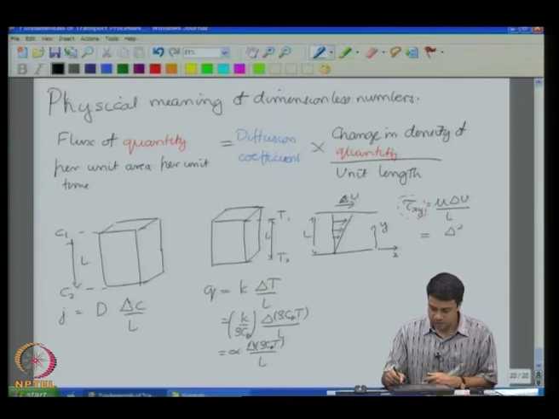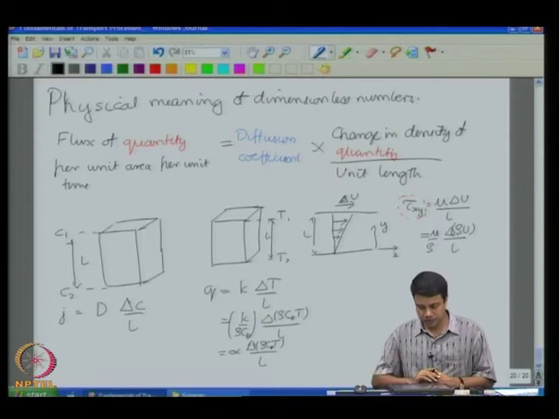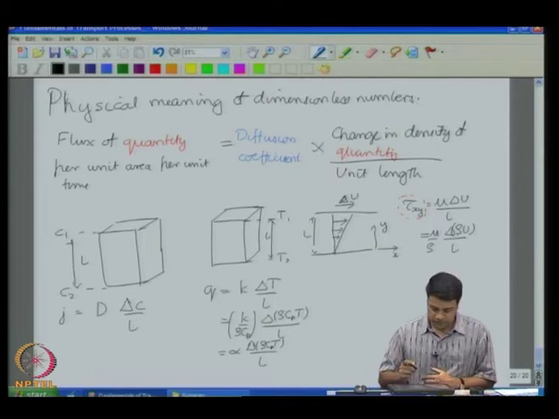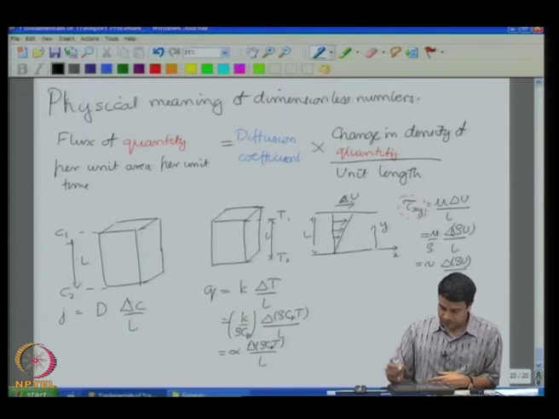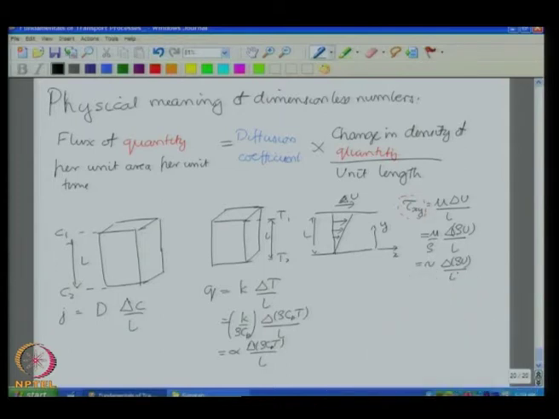So, this will be the difference in the momentum density, rho times u, divided by L, and obviously the prefactor has got to be equal to mu by rho. So, the diffusivity for momentum is the kinematic viscosity. So, this is equal to nu times delta of rho u by L. The diffusivity of momentum is the kinematic viscosity, mu by rho.